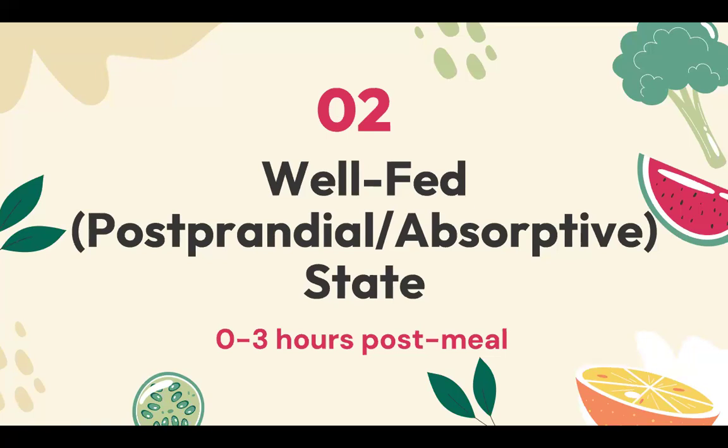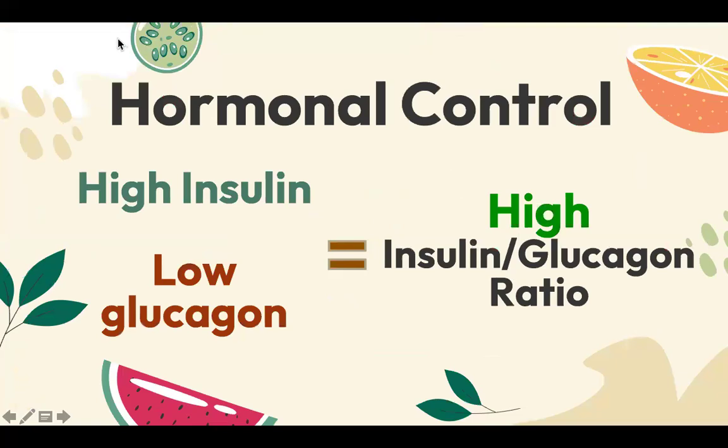It would cause the release of insulin from pancreatic beta cells, so we'd have high insulin, and the opposite would happen to glucagon. So you have high insulin and low glucagon. That would increase the insulin-glucagon ratio. When you have a high ratio, the body is stimulating the anabolic pathways. Anabolic meaning we have high glucose, so you want to store it, right?